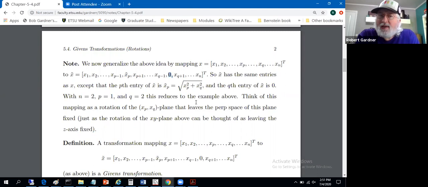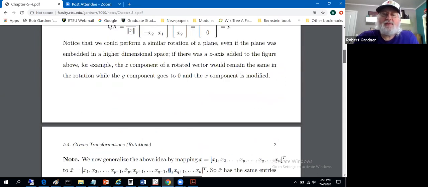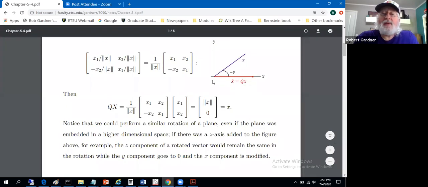So here's why you want to think of it as a rotation. Think of this mapping as a rotation of the xp, xq plane, like we had the xy plane before, that leaves the perp space to that plane fixed. Perp space in the picture we had upstairs might be just a z-axis, so we get a one-dimensional space perpendicular to this plane.